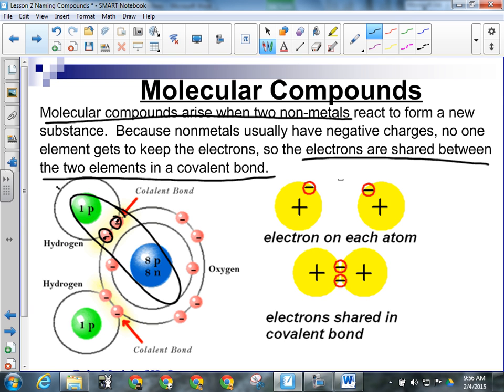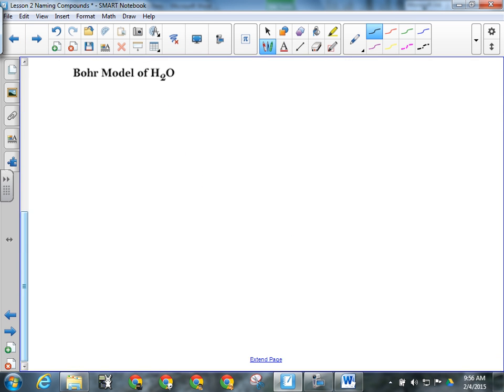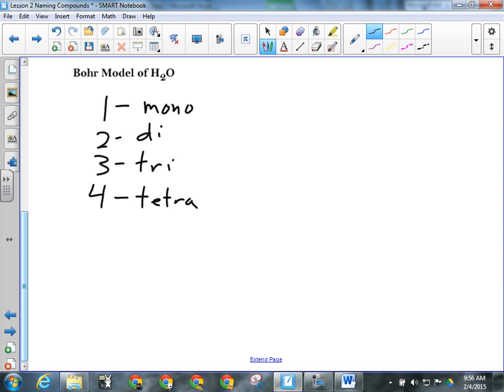All right, so you need to know your prefixes from 1 to 10 at least. I kind of try on purpose to never make it more than 10. Prefix for 1 is mono. Prefix for 2 is di. Prefix for 3 is tri. Prefix for 4 is tetra. Prefix for 5, penta.